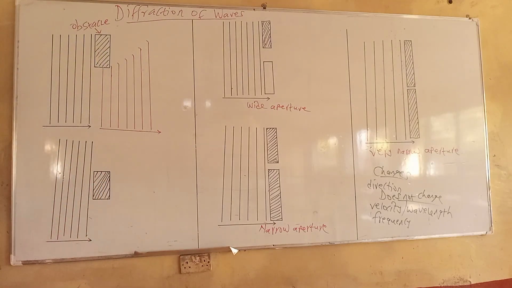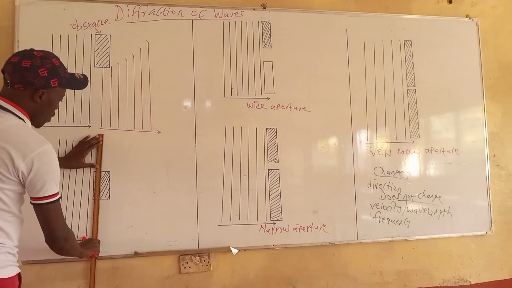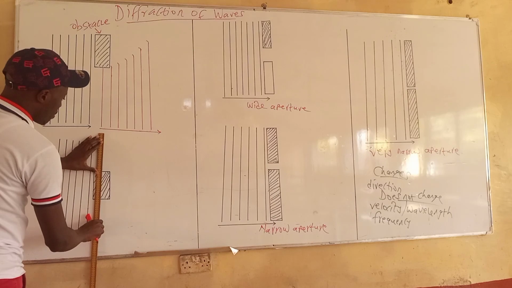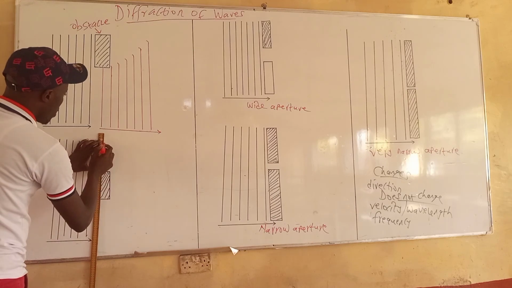So let's look at the second one. The obstacle is now in the middle of the wave. So we want to see how the waves are normally diffracted for this case. The first wave will pass through the middle.